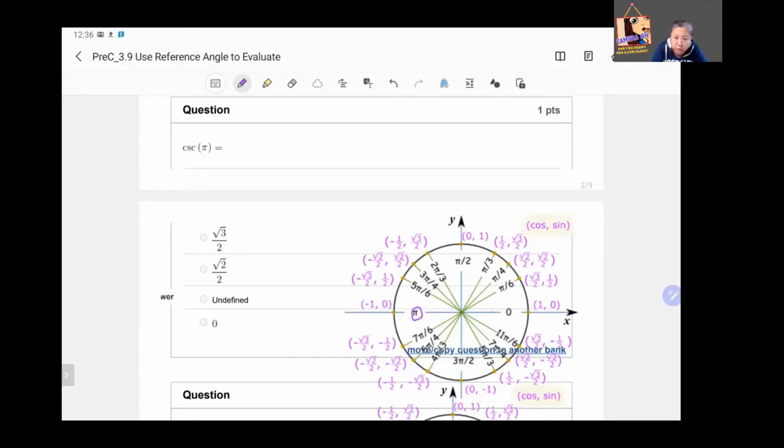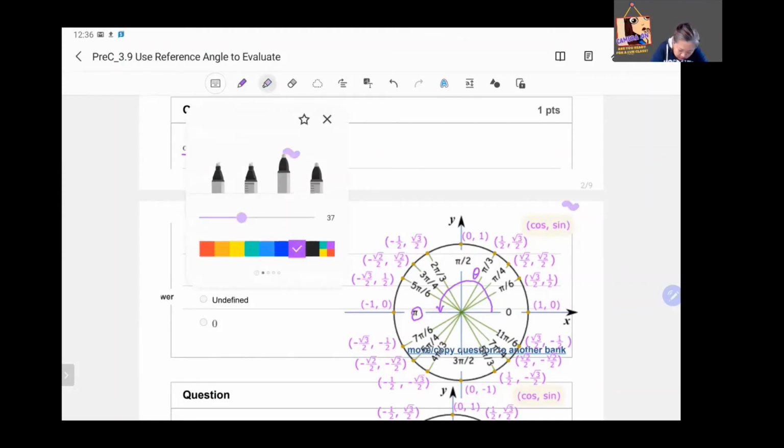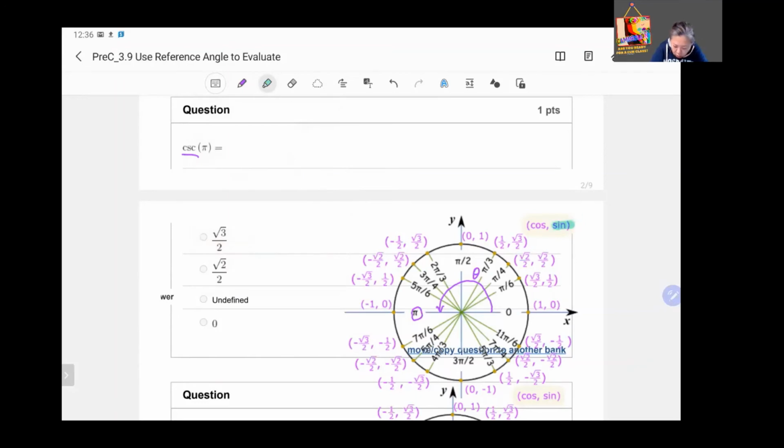Then the trig ratio that we are given to find is cosecant. Okay, then cosecant is a reciprocal of what? The sine, right? Then sine is the y coordinate.